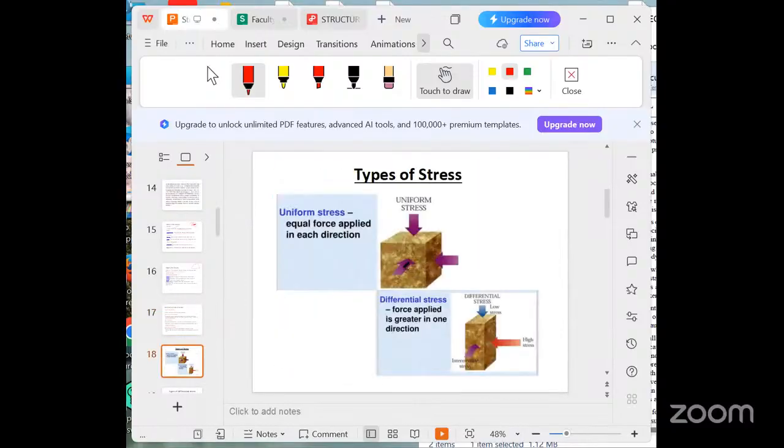Now you see the types of stress. Imagine a vertical column of material. That is called stress along any imaginary horizontal plane.